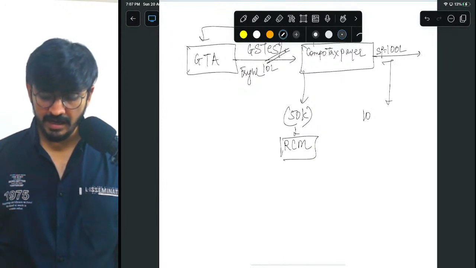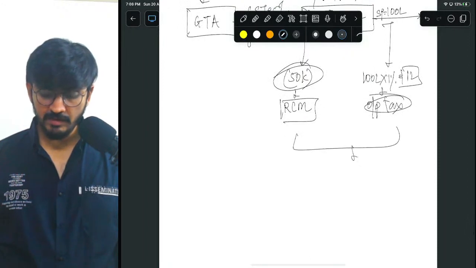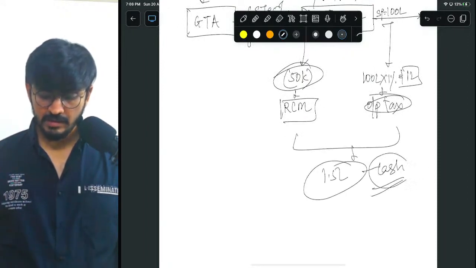And here, 1% of 100 lakhs, that is 1 lakh, he will pay as output tax to the government. So this is output tax and this is input tax. Total he will pay is 1.5 lakhs in cash.